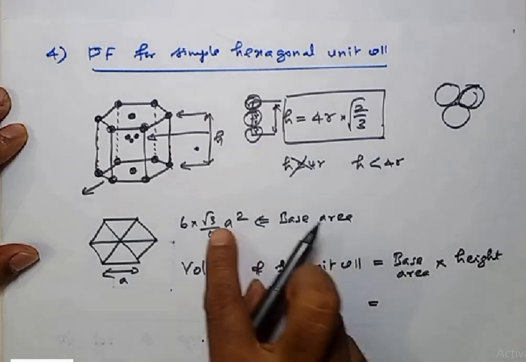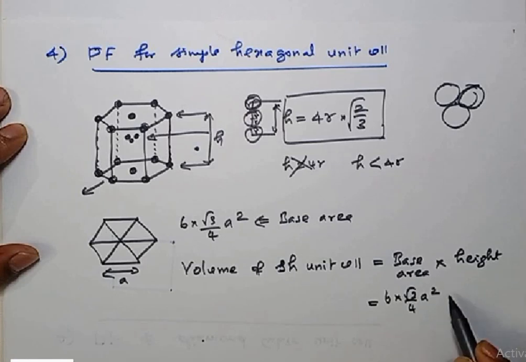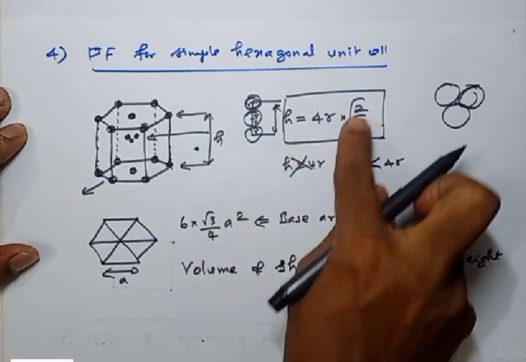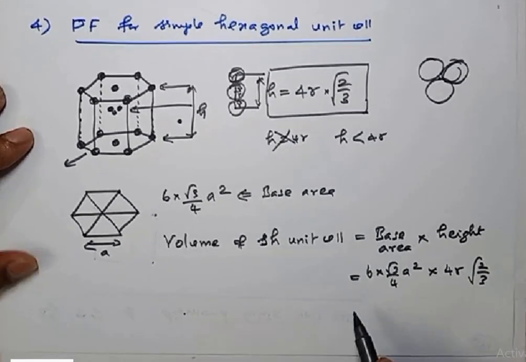We found the base area is 6 into root 3 by 4 a squared, and the height of the unit cell h is equal to 4r into square root of 2 by 3. This is the volume.